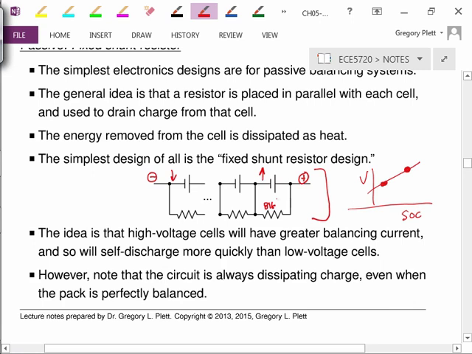If these resistors are all the same value, then the current through this resistor is going to be higher than the current through this resistor. That's going to bring this state of charge down faster than this one, but they are both going down. This one's going down slowly, that one's going down quickly, so it will go from there to there, whereas this one only goes from there to there. There is a self-balancing effect if I were to do this.